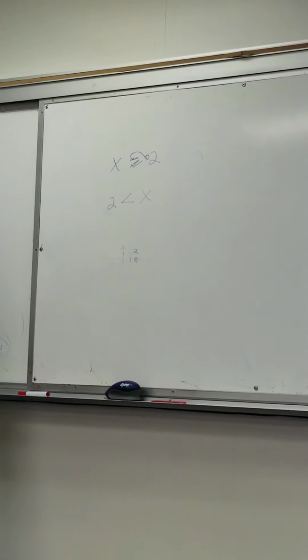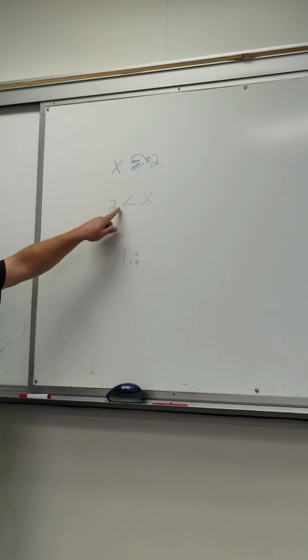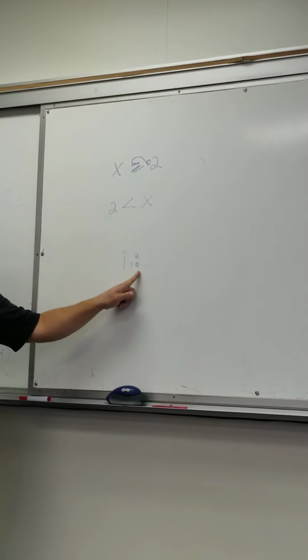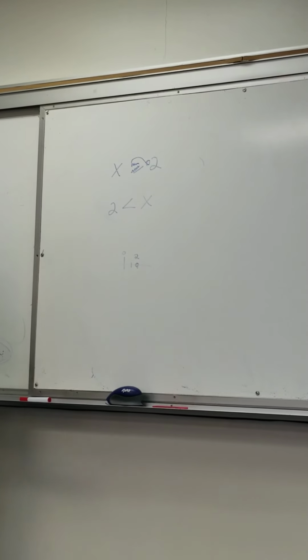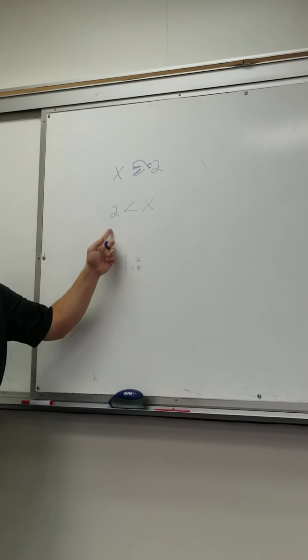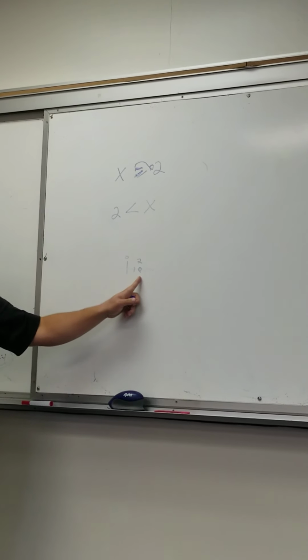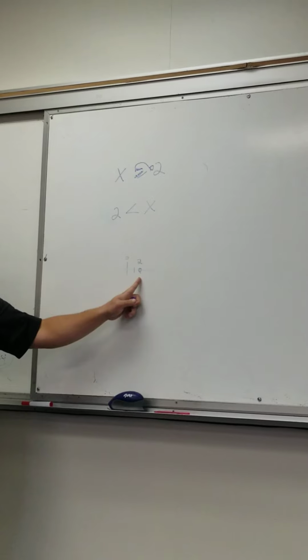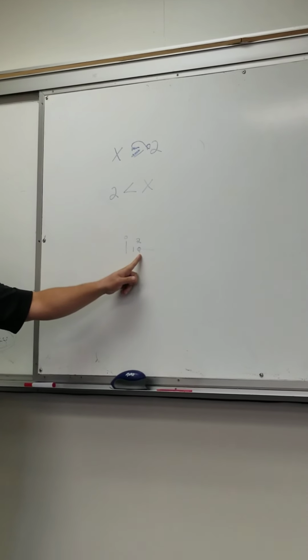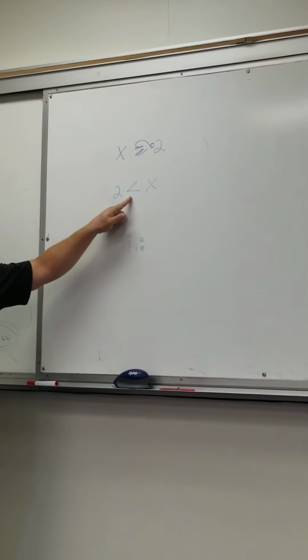If it has a line underneath it, then I would fill it in. So the first part is identify the key point, which is the numeric value, and then decide whether to fill it in or just circle it. A plain circle means you're going to get as close as you can to 2, but never touch it, because it's not quite equal.